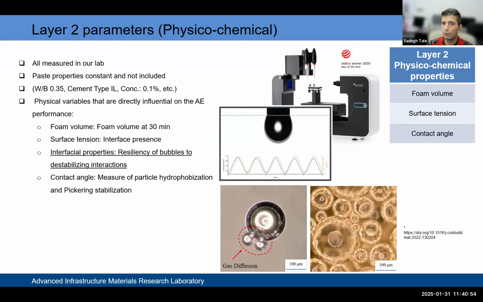And a lot of properties of the bubble, such as their stability, is dictated by these viscoelastic properties. We measured these properties using the dilatational rheology of interfaces, and we saw some interesting results. We decided not to include those in this study, but nevertheless, it was very important to see that.